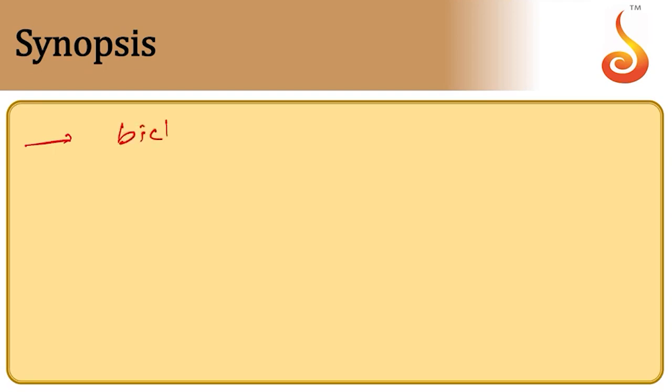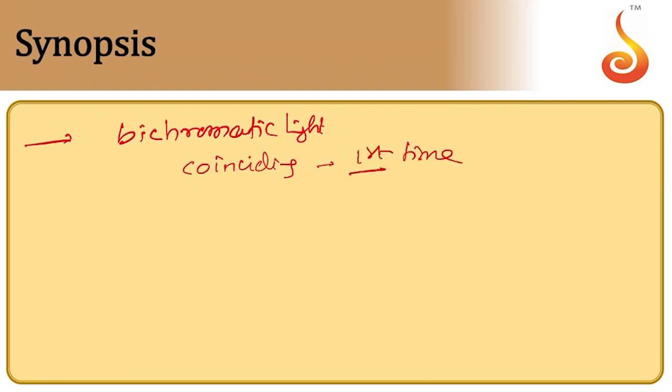So in the case of bichromatic light, for coinciding first time, we have n into beta of the longer is equal to (n plus 1) into beta of the shorter.